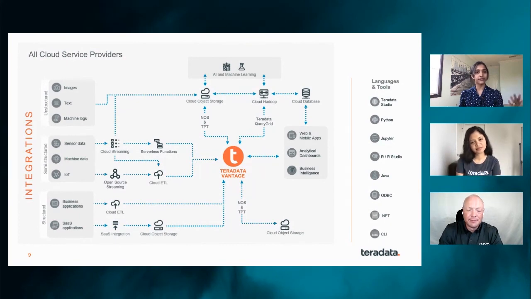So you can have your Vantage systems on-prem, you could have it across AWS, Azure, and Google Cloud, and it ties it together, creates this query fabric that would just go and federate your queries across all these systems. And naturally, it's not restricted to just Vantage to Vantage. You can go Vantage to Amazon's EMR, HDInsight, or any other managed Hive and Spark. You could go out to Oracle, for example.